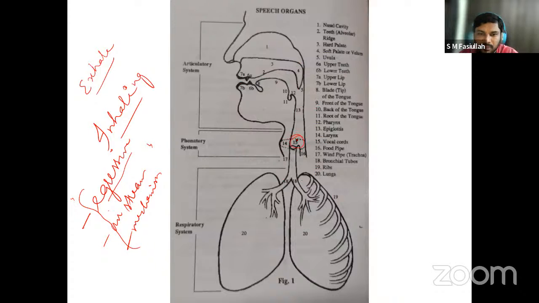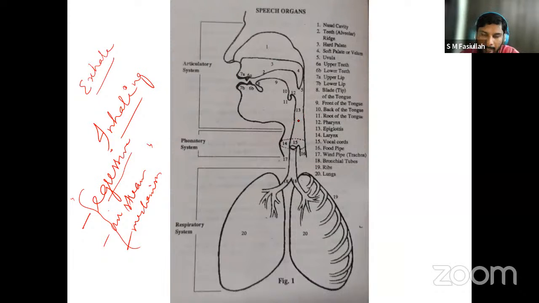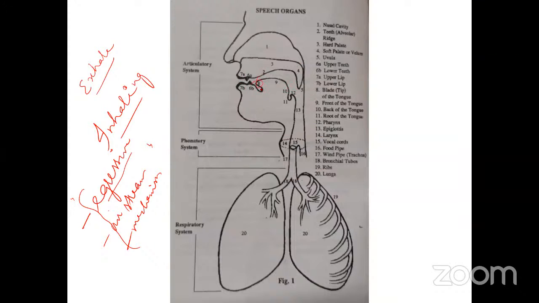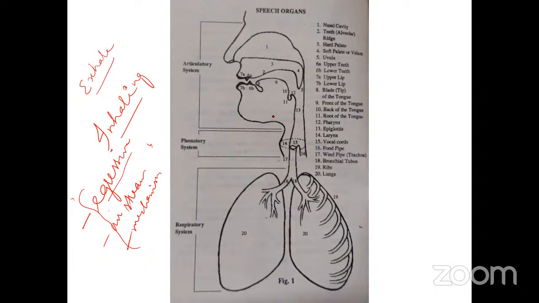Where is the tip of the tongue? 9. 8. Very good. This is very good. Okay. And where is the windpipe? 17. 17. Very good.